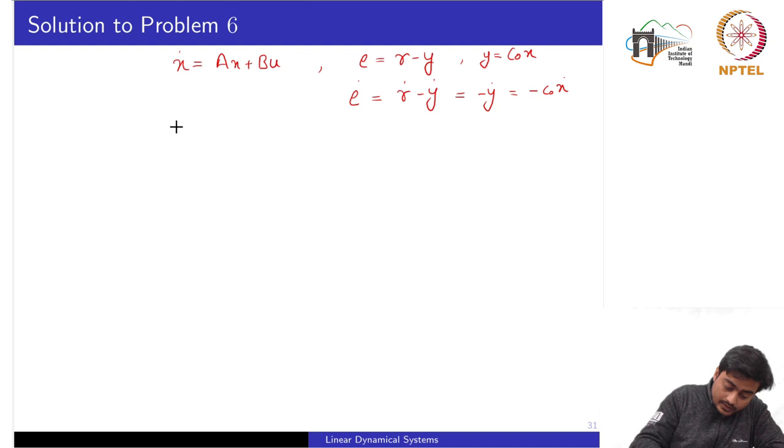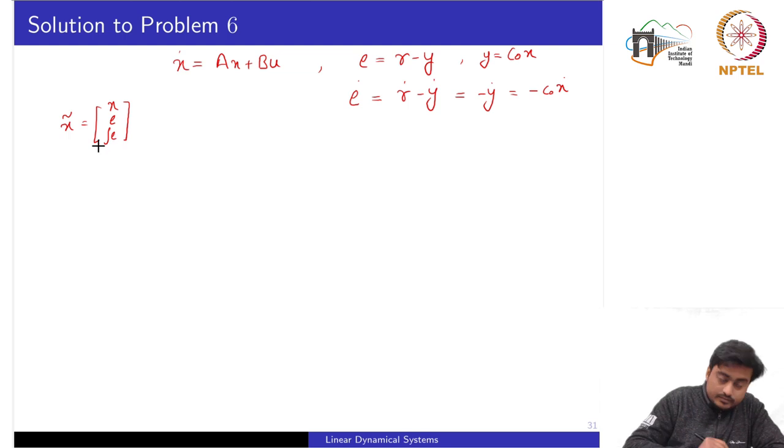Right? So let's write the state vector as x tilde, consisting of x, e, and the integral of e. For writing a parameterized state equation, I would take the derivative of this x tilde, which would be x dot, e dot, and e.